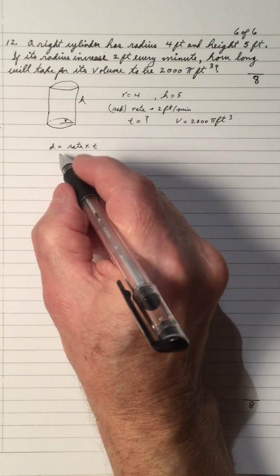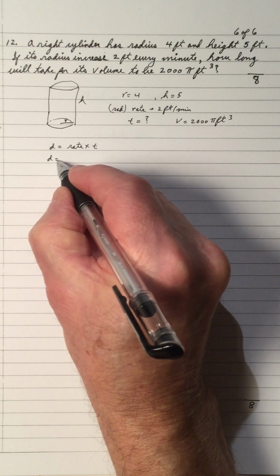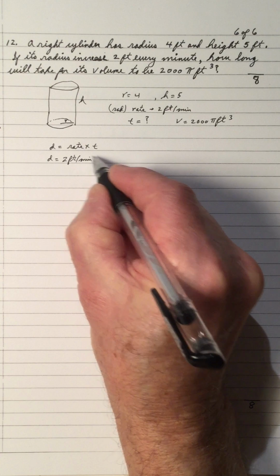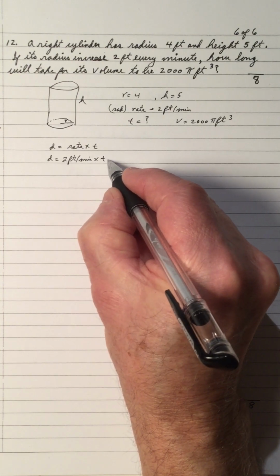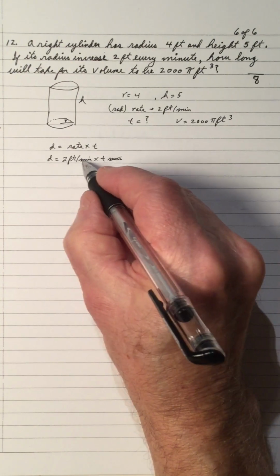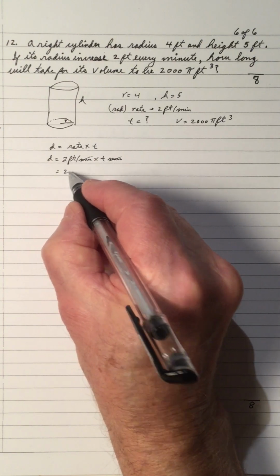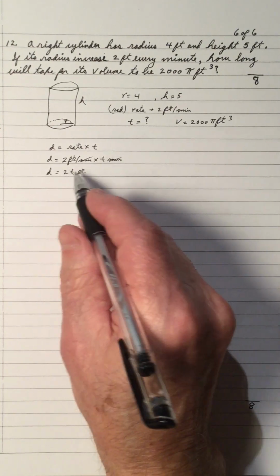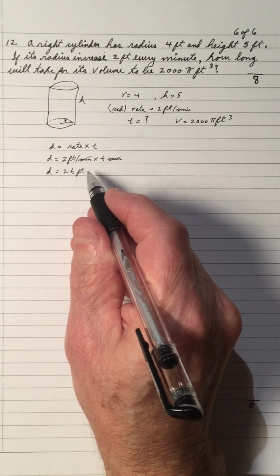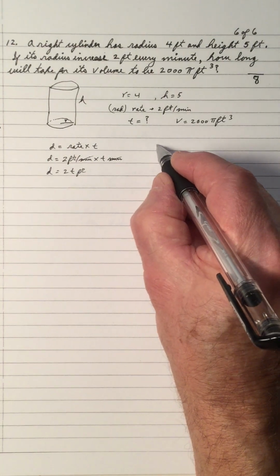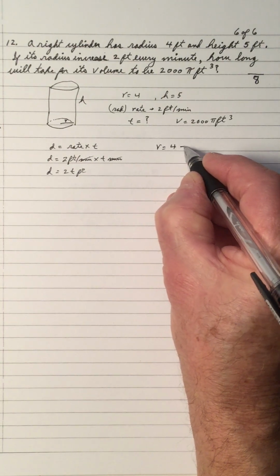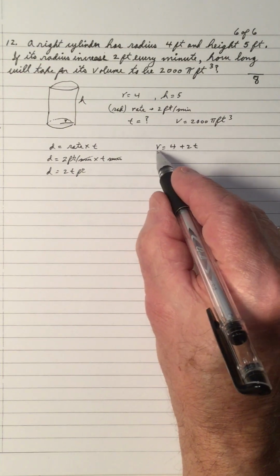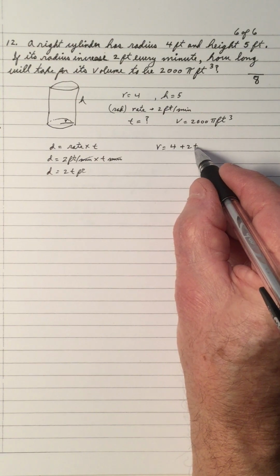So the distance that the radius is changing is 2 feet per minute times t minutes. So the minutes cancel, and we're getting 2t. D is 2t feet. Now, that means that the radius is 4 and is changing 2t feet every minute. So this is the length of the radius in terms of time.